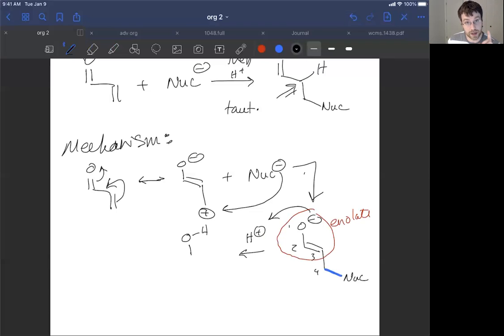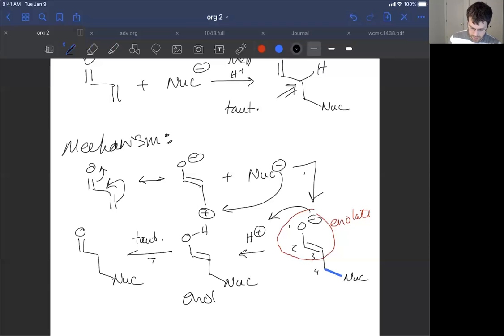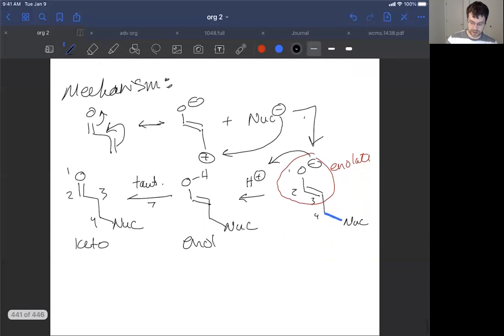You just have to recognize that at the end of this, we're going to see an enol, which will tautomerize, and you don't have to push the arrows at this point for the tautomerization reaction. You just have to recognize that that enol is going to want to be in its keto form. I guess this is an aldol form, isn't it? The enol is going to want to be in its aldol form by tautomerization.